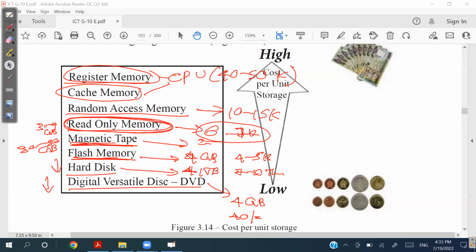Because they ask to arrange the storage into ascending order according to the cost per bit, or arrange the storage into descending order according to the access speed. Likewise, so it's better you remember which has which quality.